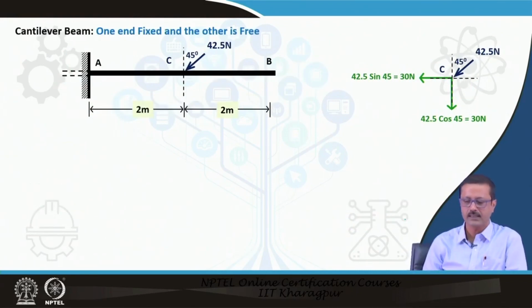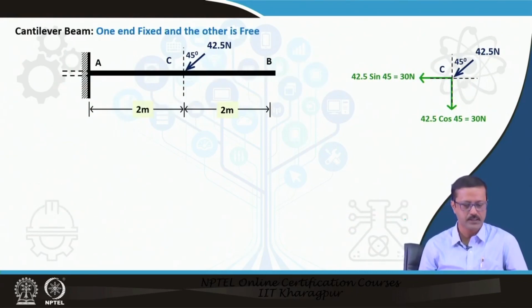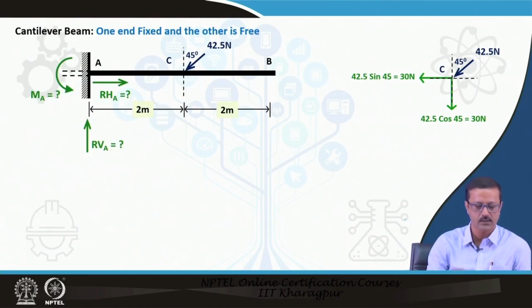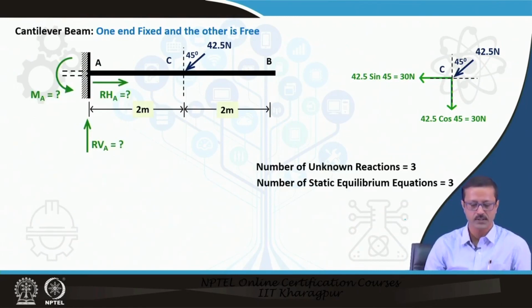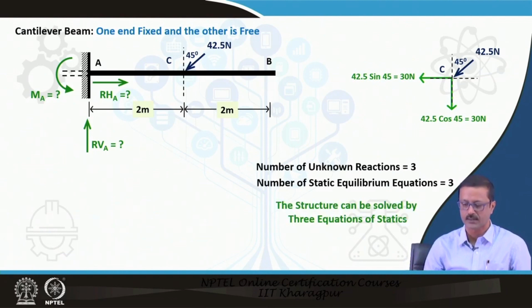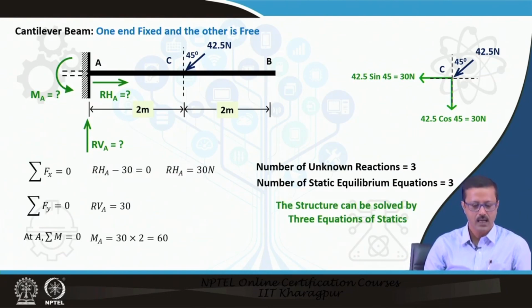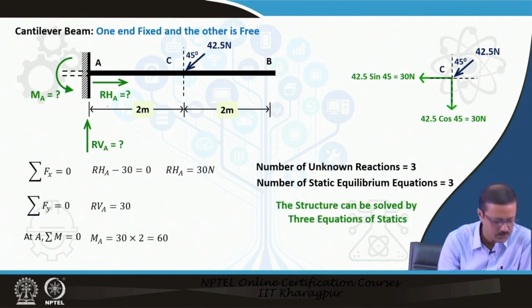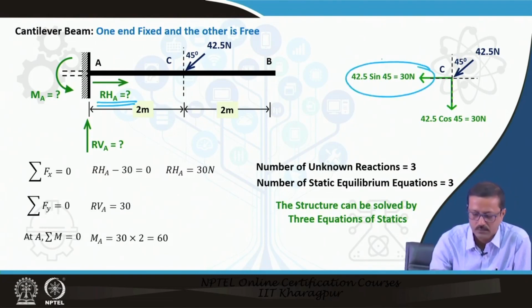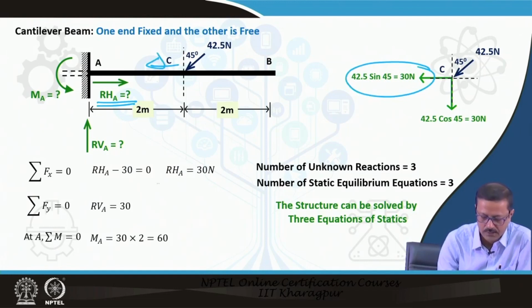Here, in the cantilever beam, I have the same representation. I know these are the 3 unknowns and the number of equations is also 3, so it can be solved by the equations of statics. Again, this RH must be equal to this force. This is 30, fine.